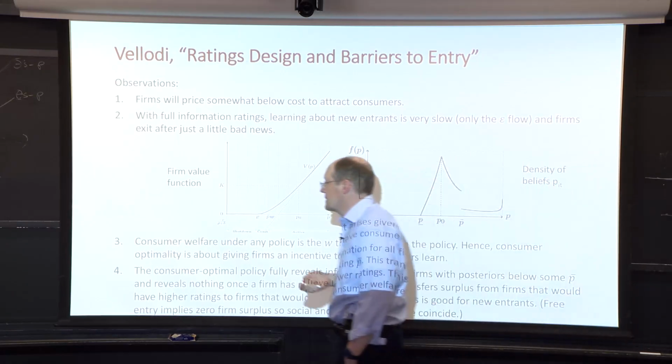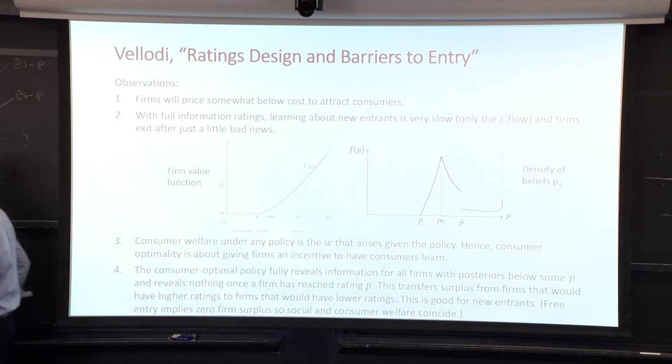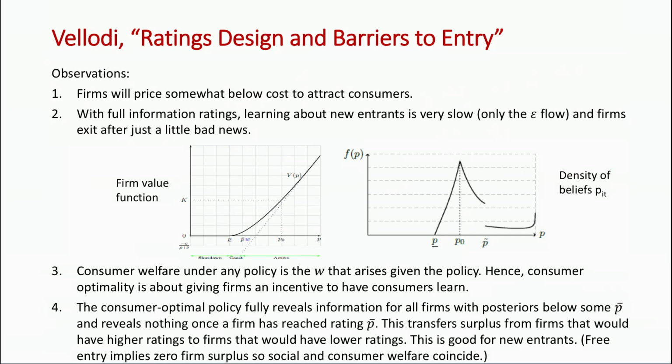So what he argues is that what a platform would like to do in this model is to give incomplete information about restaurants, selectively restricting information about the good products, so that there's more of a benefit to having a pretty good reputation, and new firms will invest more in trying to get it. And then obviously all the other firms have to price to outcompete those guys.